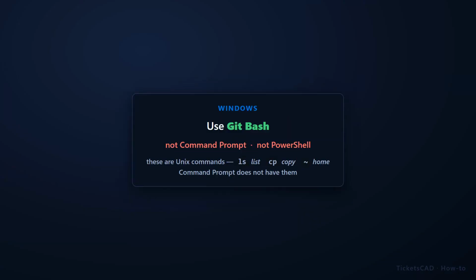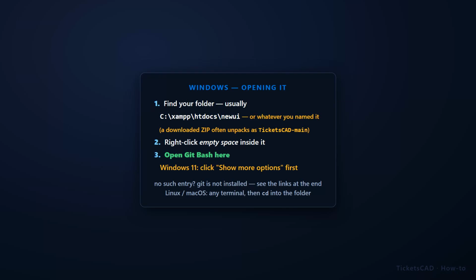Step 0, the right terminal in the right folder. If you are on Windows, this matters more than anything else in the video. Use Git Bash, not command prompt, and not PowerShell. The commands here are Unix commands, and command prompt does not have them, so you would fail on the very first line and have no idea why. Open File Explorer and find your TicketsCAD folder.